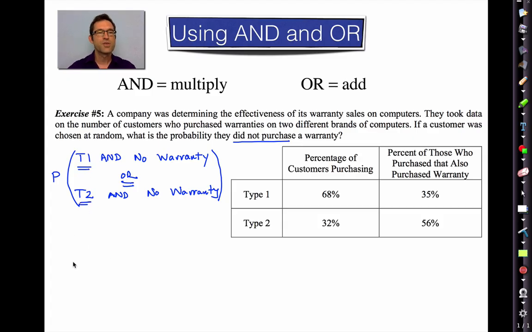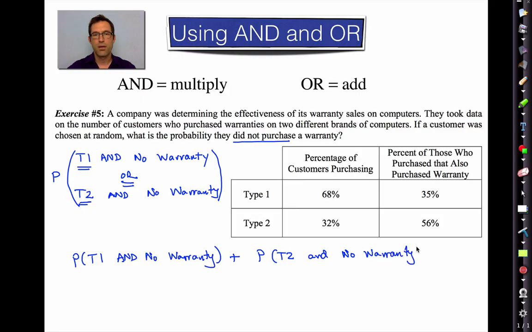So ultimately now I have to calculate the probability of type 1 and no warranty plus the probability of type 2 and no warranty. So that OR is going to force me to add two probabilities.